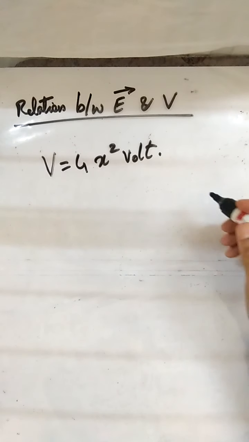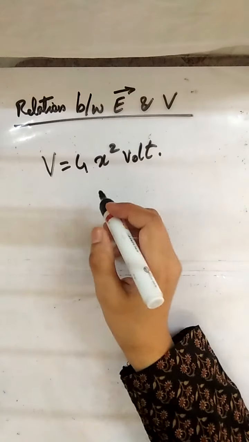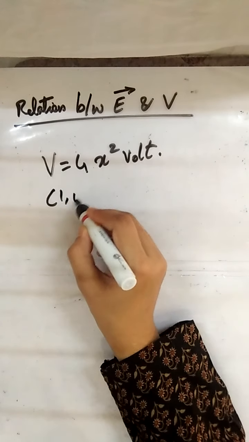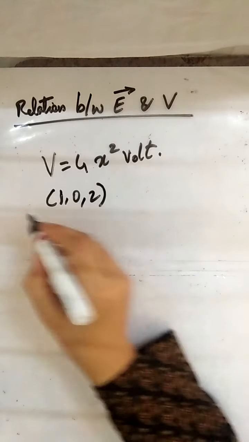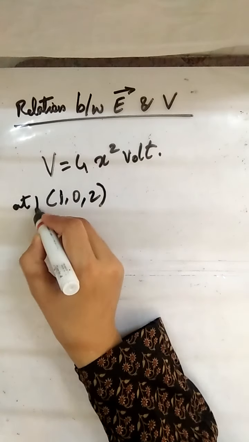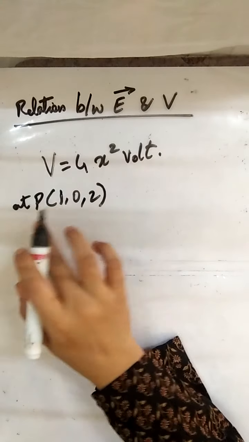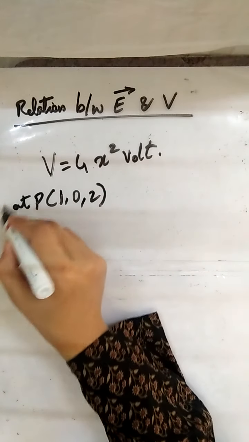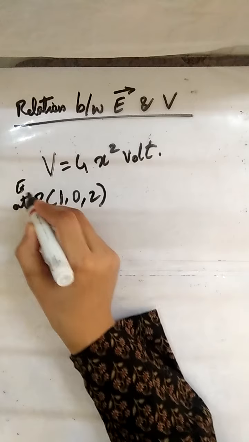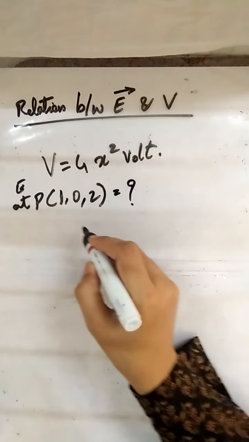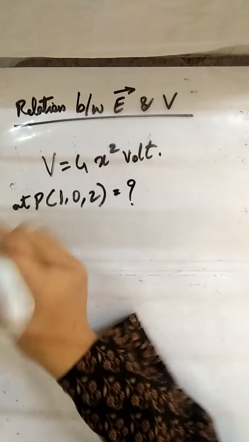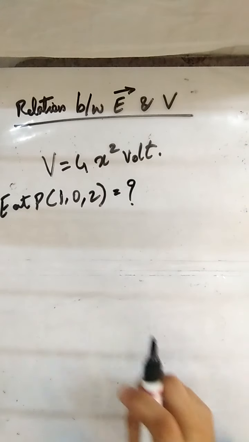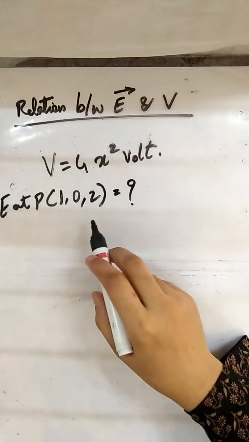Calculate the electric field at the point 1, 0, 2 meters. You will have to find out what E is at 1, 0, 2.